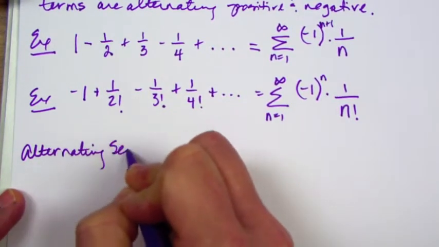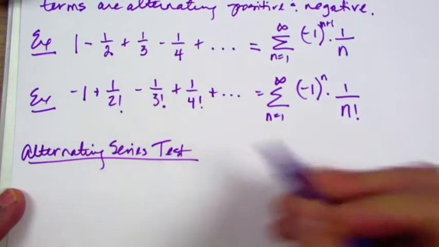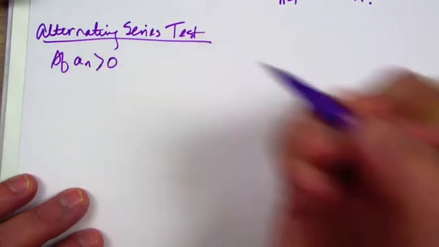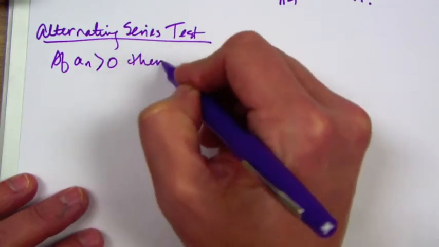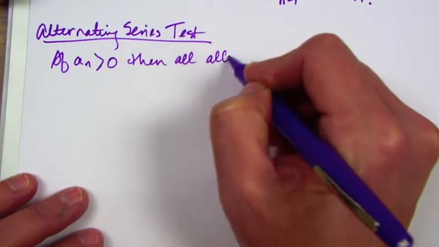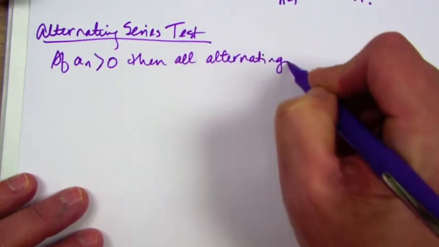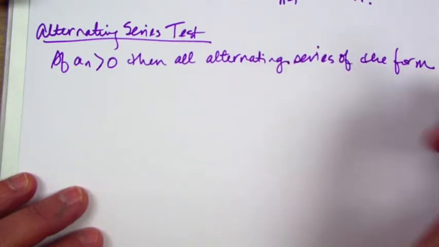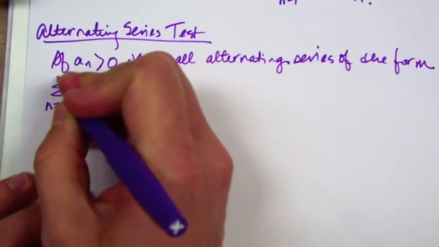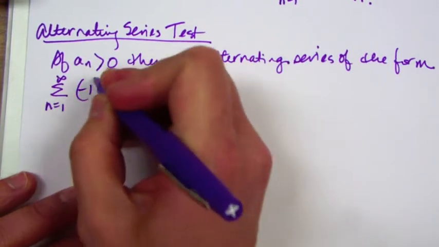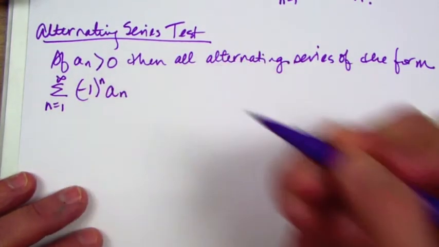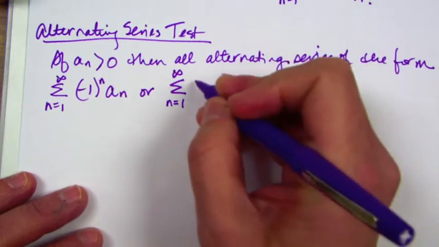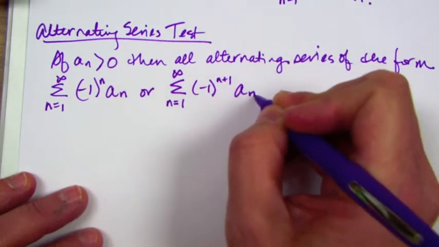So let's look at the alternating series test. If a sub n is greater than 0, then all alternating series of the form the sum from n equals 1 to infinity of negative 1 to the n times a sub n, or the series from n equals 1 to infinity of negative 1 to the n plus 1 times a sub n.